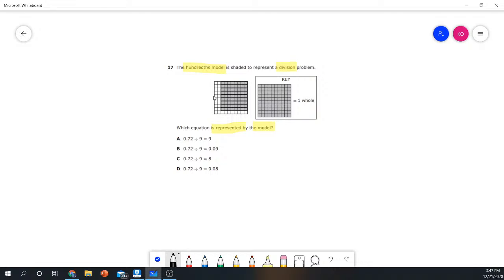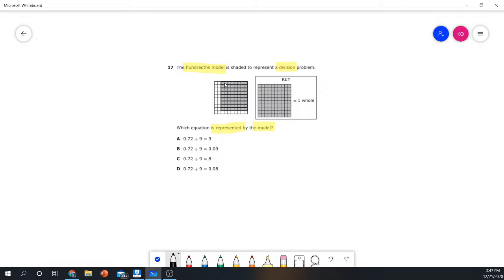You see that there is this one whole right here. This 10 by 10 square is equal to 1 whole.